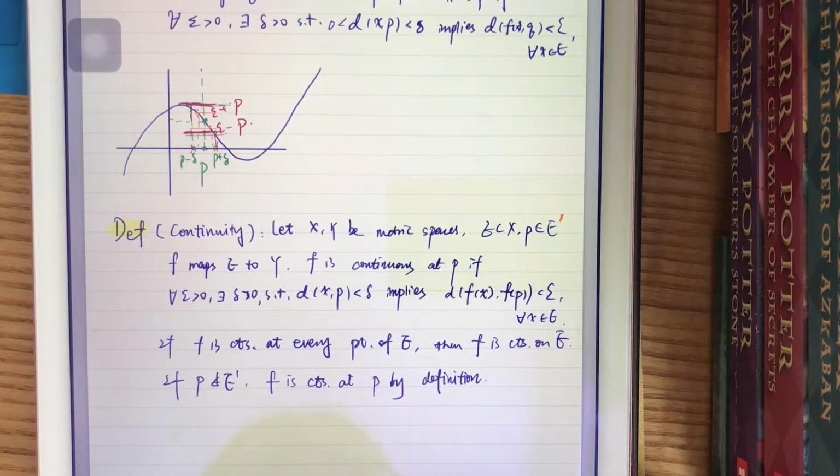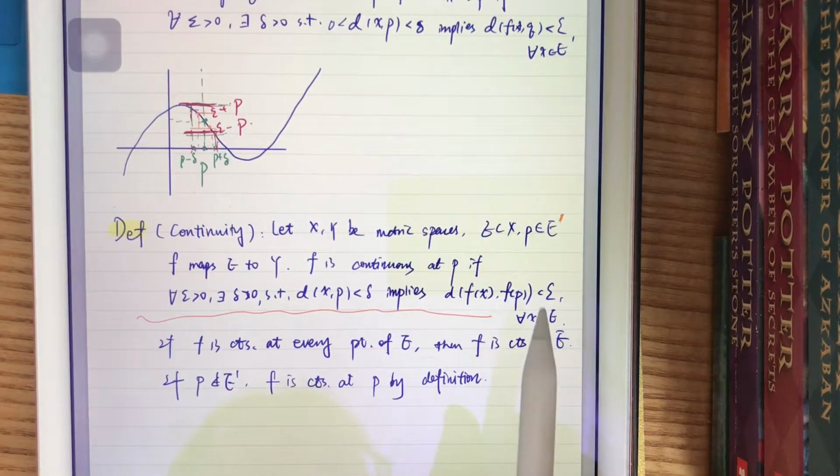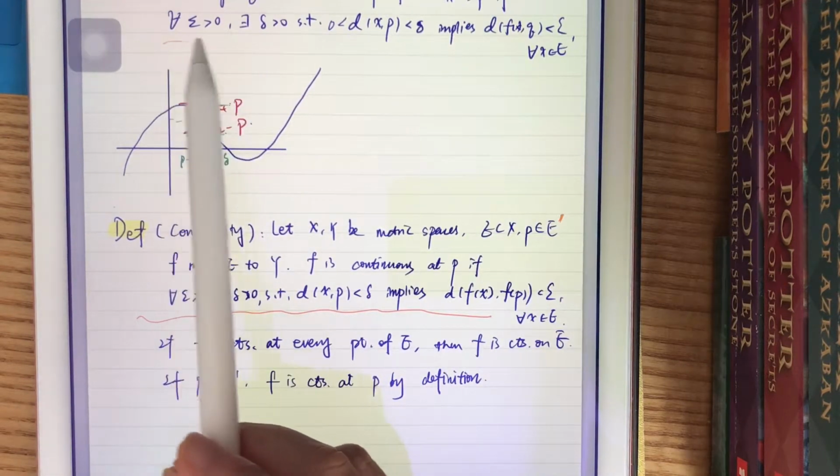So that is to say, first of all, the function has to have a limit at p. The definition here is the same as that we use to define the limit.